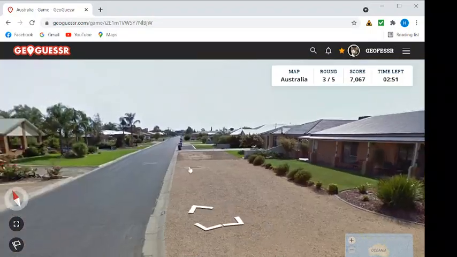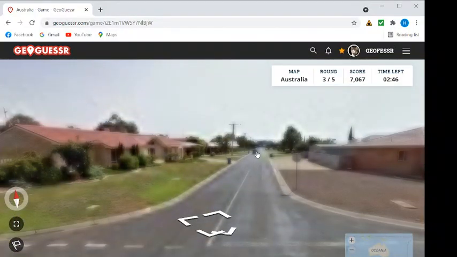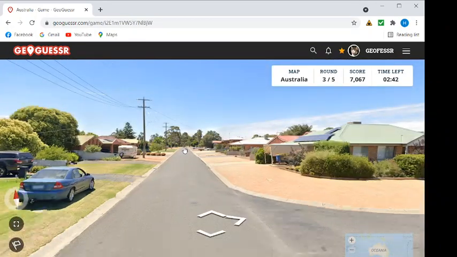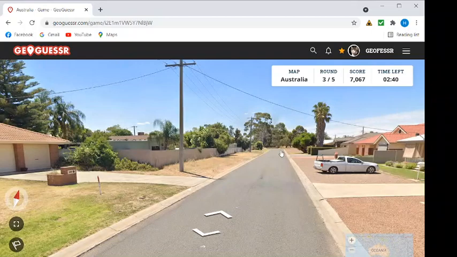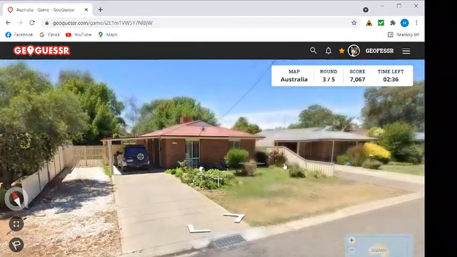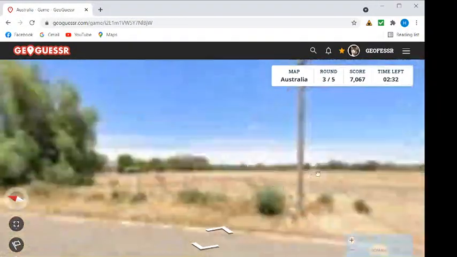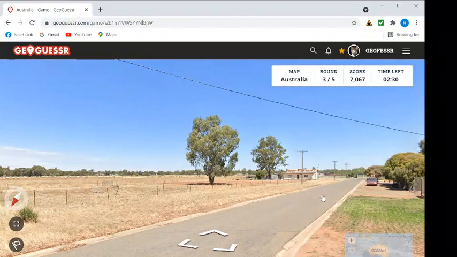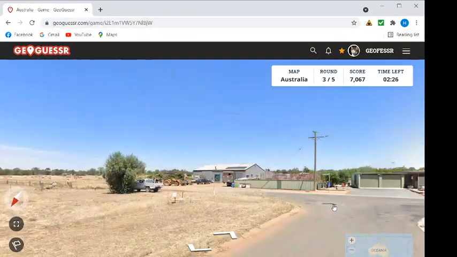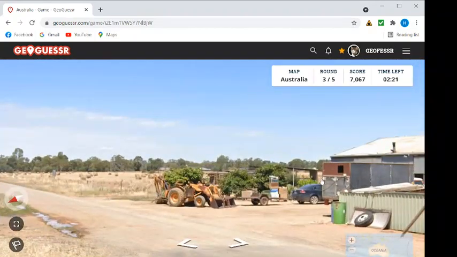We have Reynolds Drive. We have palms. Yeah, consistent with the Brisbane area, I think. Looks kind of dry for the Brisbane area though. Oh yeah, there's hills in the Brisbane area. It's on the east coast where there are hills.